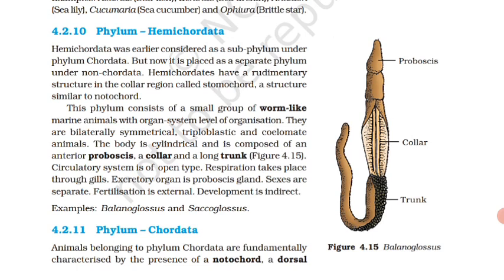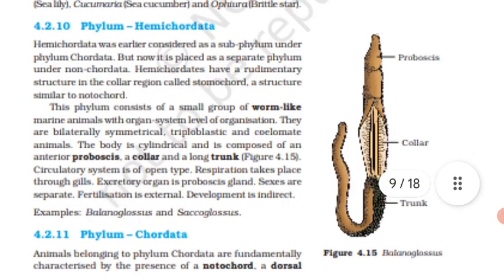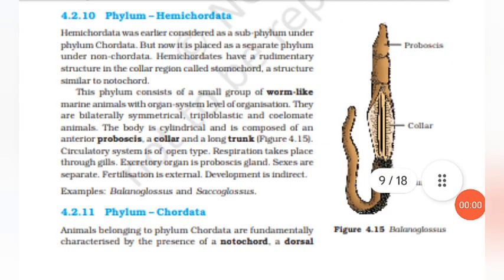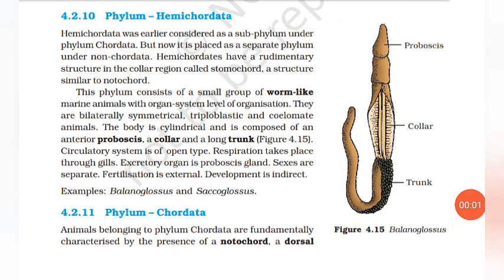Examples of Urochordata are Ascidia, Salpa, Doliolum. Cephalochordata: Branchiostoma, that is Amphioxus or Lancelet. यूरोकोर्डेटा के एग्जाम्पल है एस्काइडिया, साल्पा, डोलियोलम और सेफेलोकोर्डेटा का एग्जाम्पल है ब्रोंकियोस्टोमा, that is Amphioxus or Lancelet.